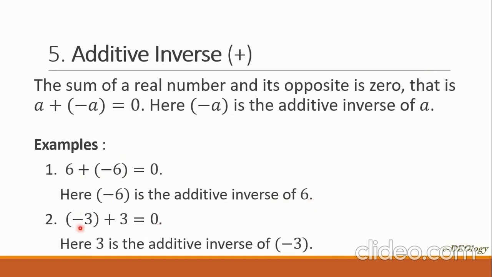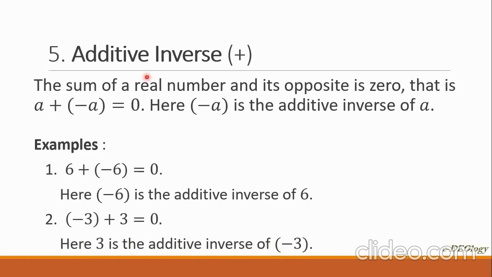Example 2. The given is negative 3 plus a positive 3 is equal to 0. Here, the positive 3 is the additive inverse of negative 3.